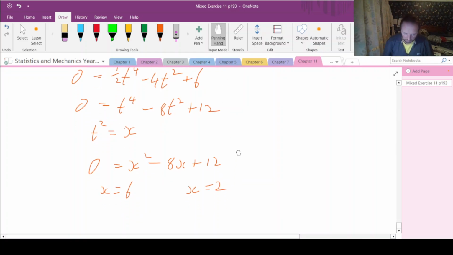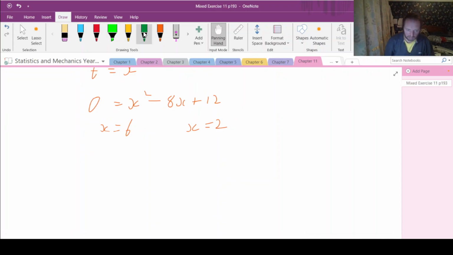And so t squared is equal to 6 and t squared is equal to 2.